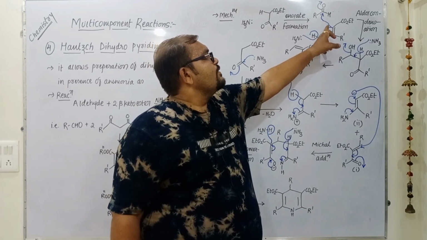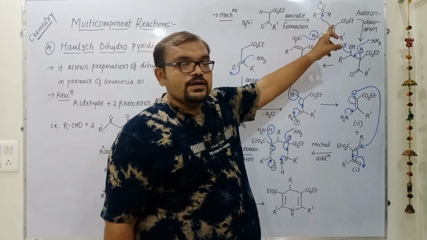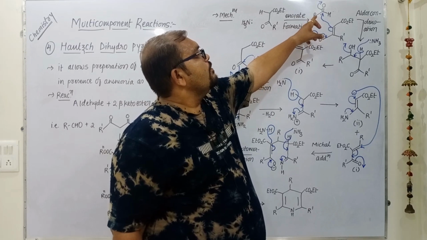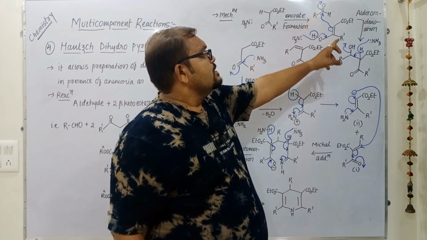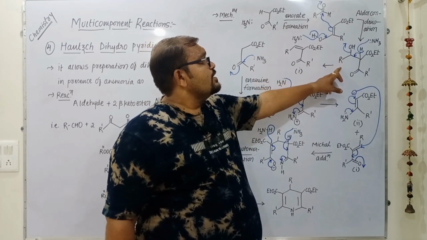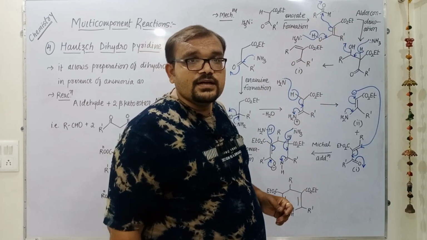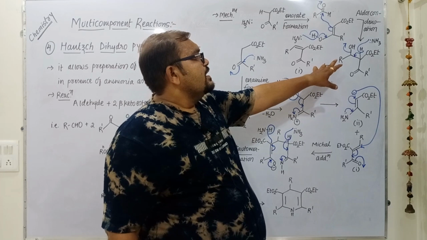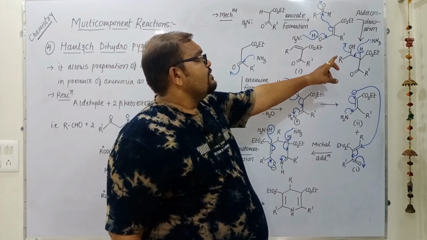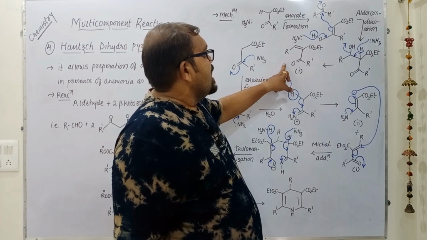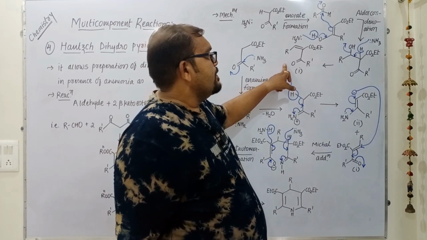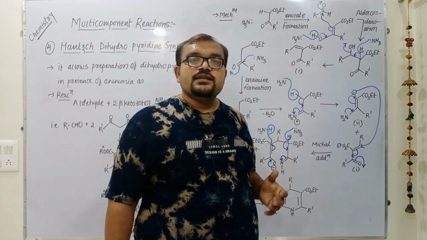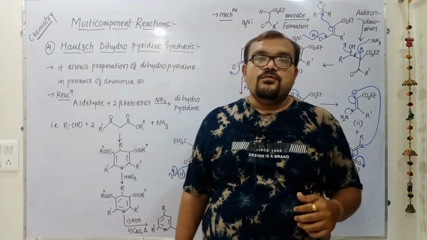This pi bonding electron will be shifted over this carbon in the form of a negative charge, and this negatively charged carbon will attack the carbonyl compound to give this beta hydroxycarbonyl compound, which is called aldol condensation as we defined. Then it will undergo loss of a water molecule at the alpha beta position to give an alpha beta unsaturated carbonyl compound, which is our first intermediate.